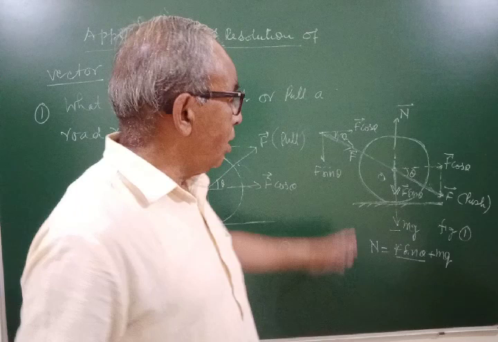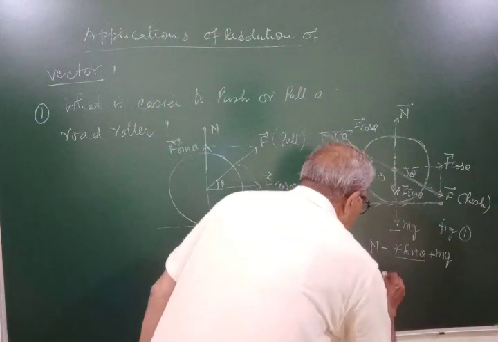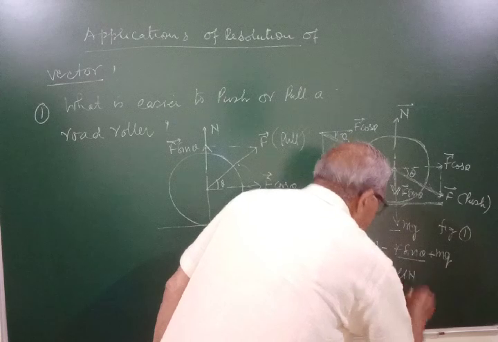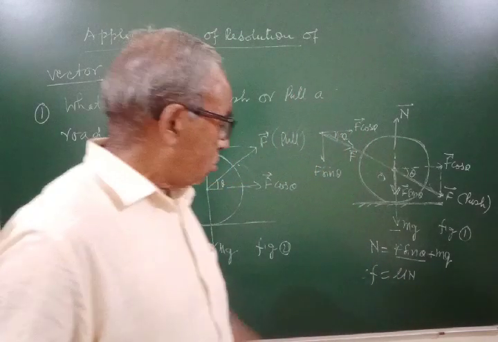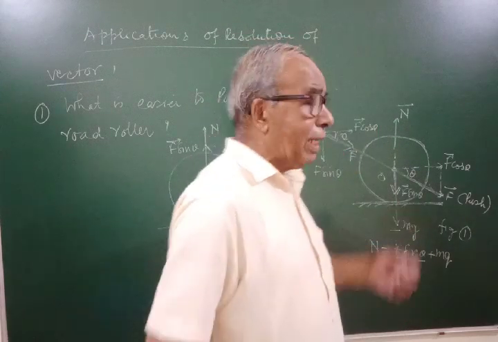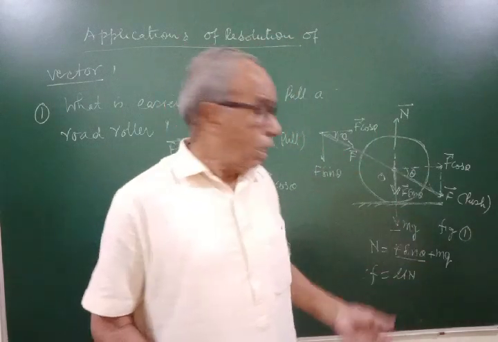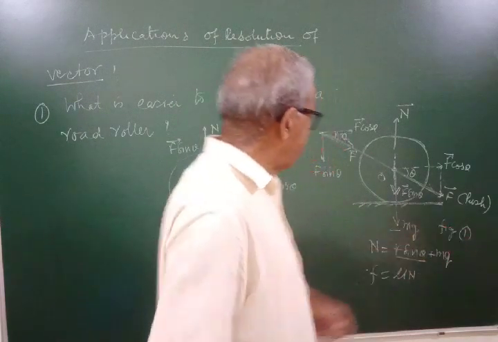You will learn later that the force of friction is equal to mu N. So when N increases, the force of friction will increase, and it becomes rather difficult to push the roller.